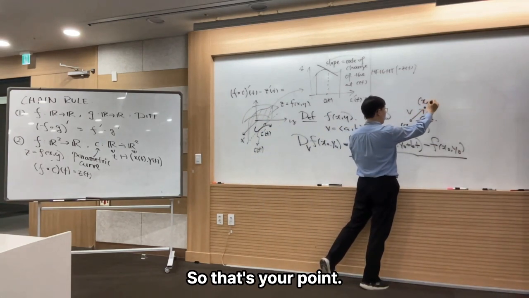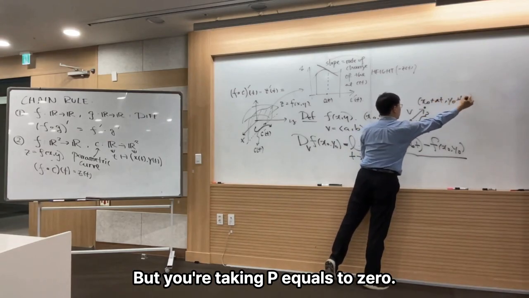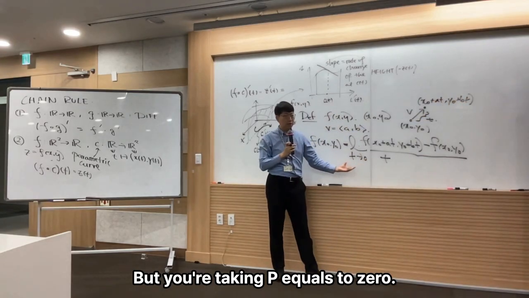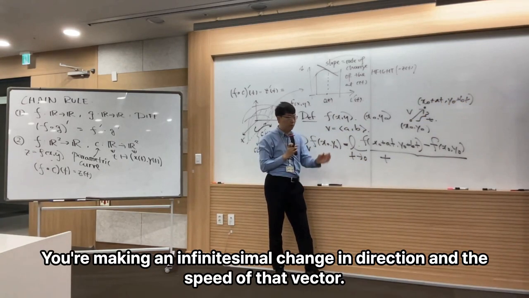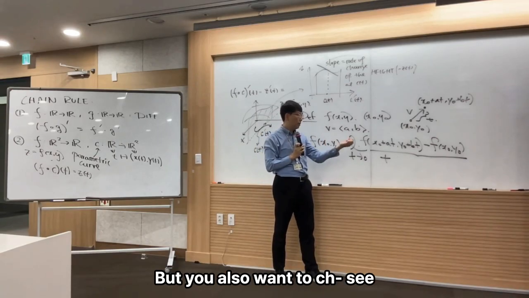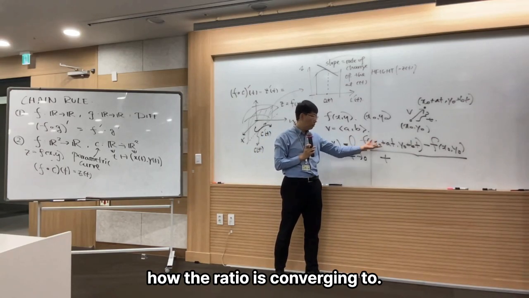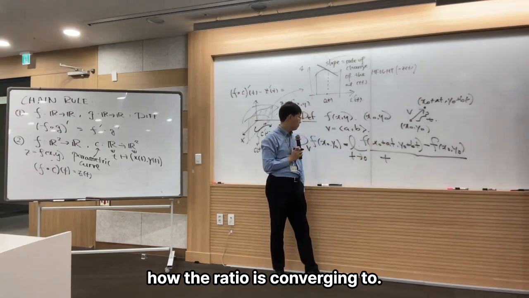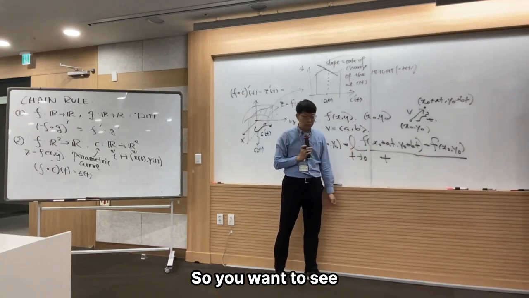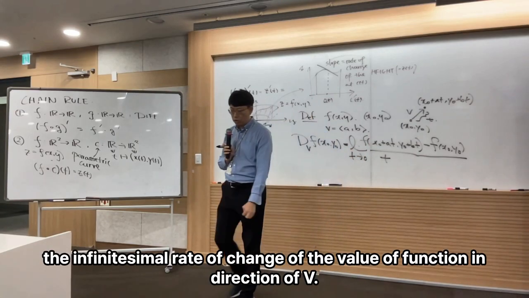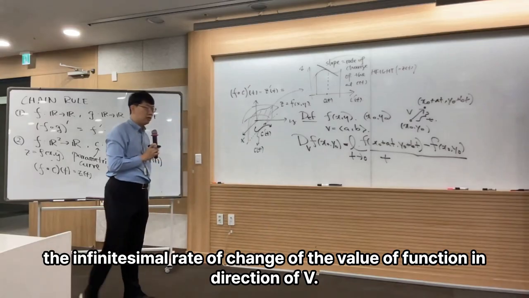That's your point. But you're taking t to 0, so you're not making a large change. You're making an infinitesimal change in the direction and speed of that vector. But you also want to see what the ratio is converging to. So you want to see the infinitesimal rate of change of the value of the function in the direction of v.